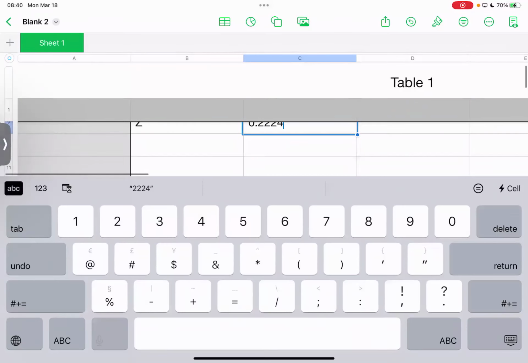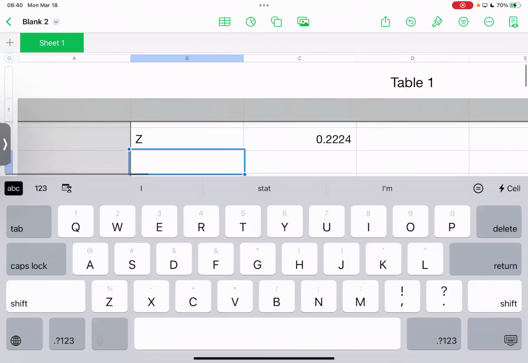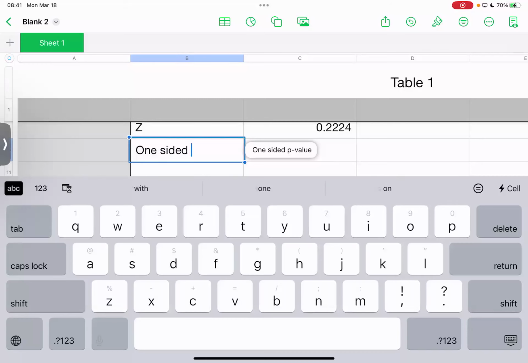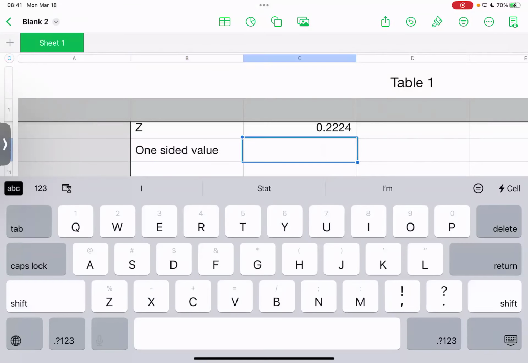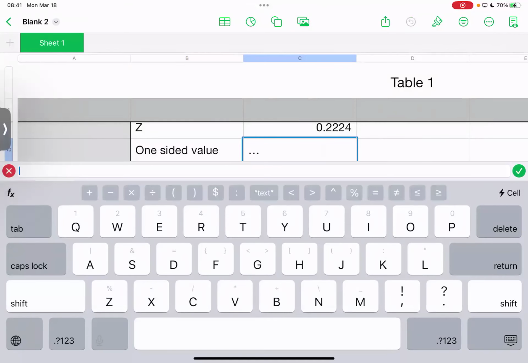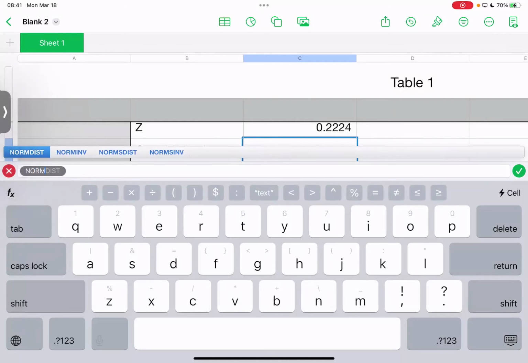But so then here, my one-sided p-value is going to be norm.s.dist.